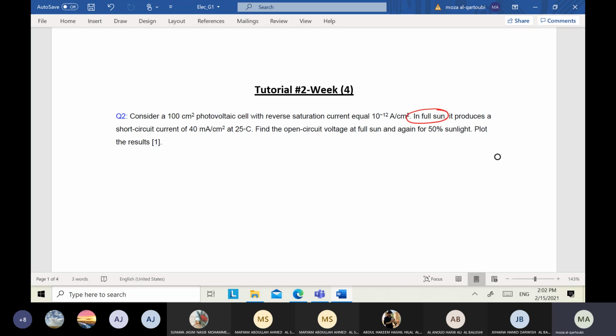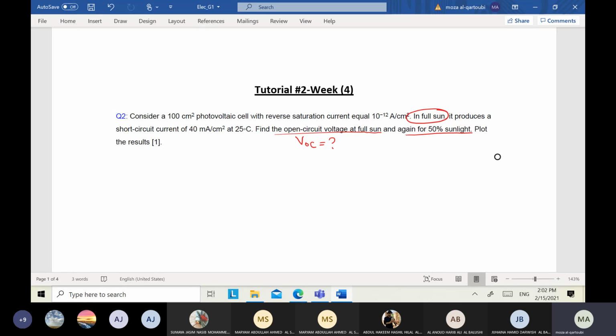Now, this question is divided into two parts. Find the open circuit voltage at full sun, and again at 50% of sunlight.